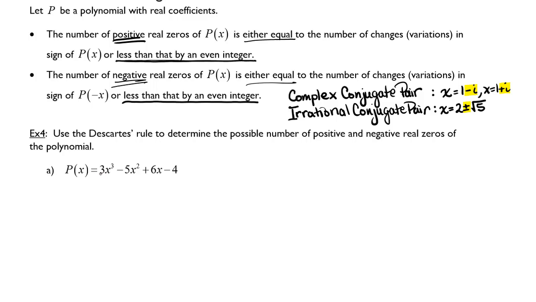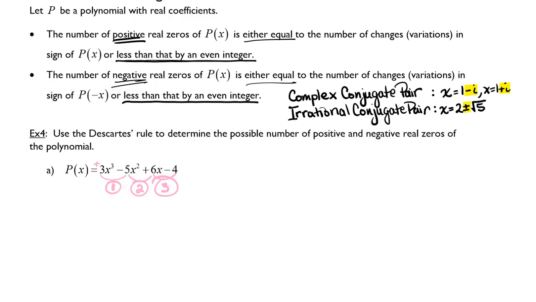So there is a plus in front of the 3x to the third, and it changes sign from the degree 3 term to the degree 2 term. It changes sign again from negative 5x squared to positive 6x. And it changes sign again from 6x to negative 4. So there are 3 sign changes.